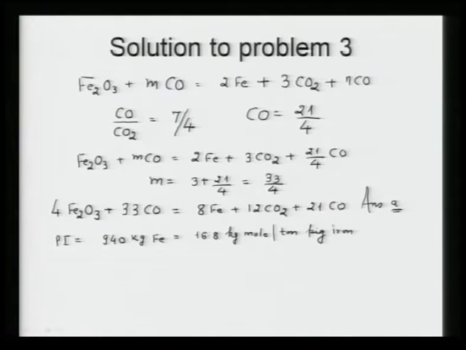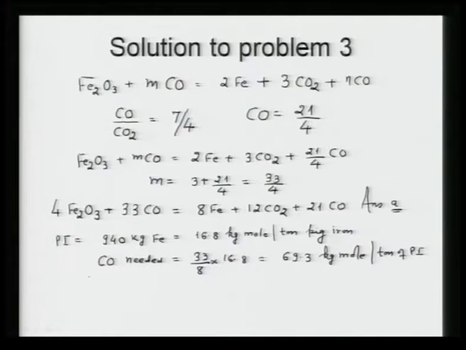Therefore, the carbon monoxide which we need according to our stoichiometric equation is 33/8 into 16.8, because 2 moles of iron appear in the equation. That is equal to 69.3 kg mole per ton of pig iron, PI standing for pig iron.